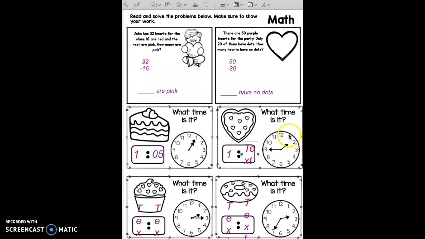So it's 5, 10, 15, 20, 25, 30, 35, 40, 45. So it's 45 minutes after 1, or 1:45. And it would look like that. Beautiful. Okay, let's take a peek at the last 2 boxes.